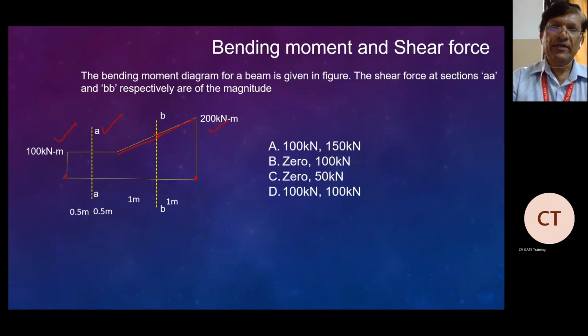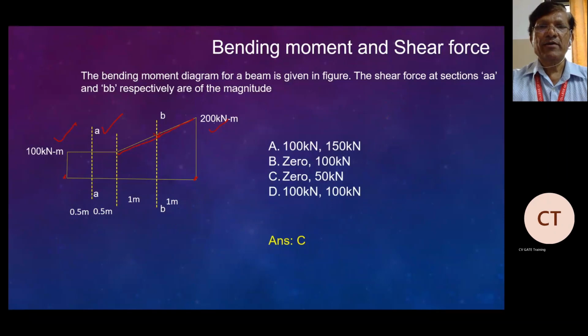So 200 minus 100 for a length of 2 meter, 100 divided by 2 is equal to 50. So our option C will be the correct one. Shear force at that point will be 50 kilonewton.